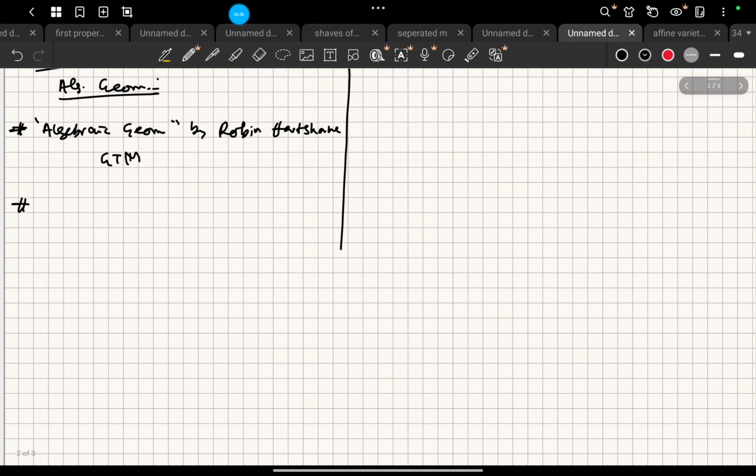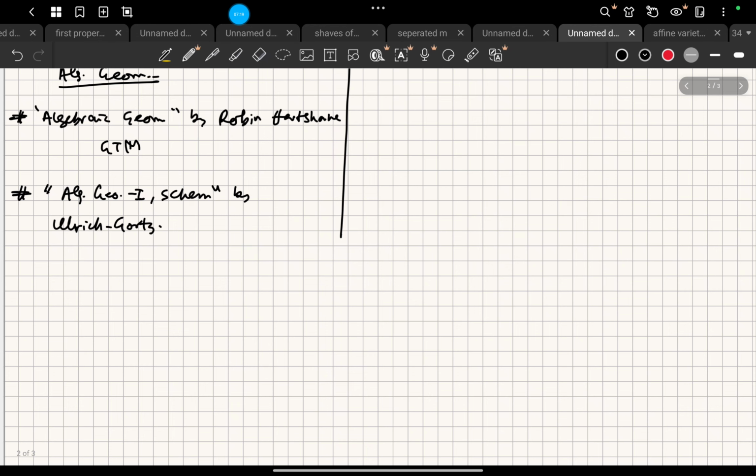And for references, we may look at Algebraic Geometry 1, scheme by Ulrich Gortz and Tota.